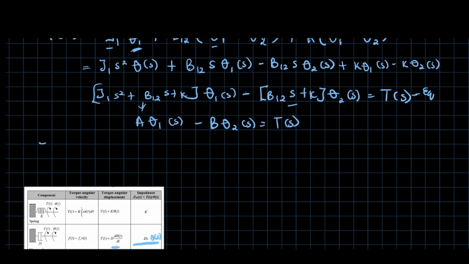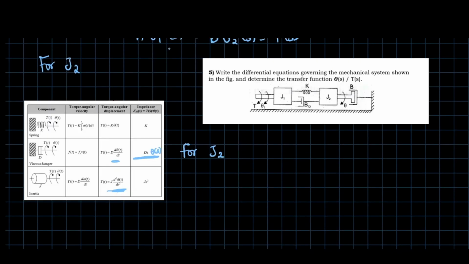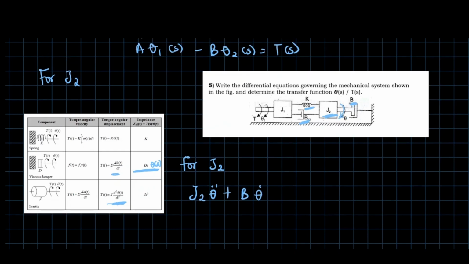Now for J2, let's see the forces that will affect it. Torque that is being applied is only on the first inertia. The motion here is however given by this damper, this spring, and as well as its own inertia. So it's going to be J2 theta double dot as angular acceleration, plus B theta dot.